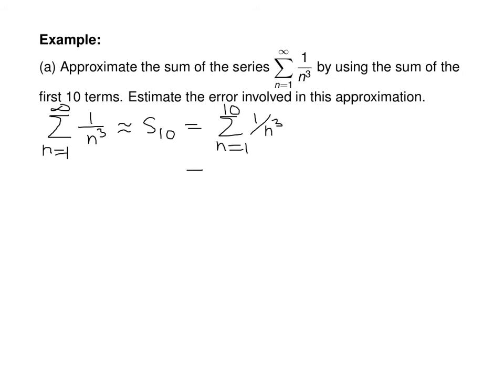So what that really is, we have 1 over 1 cubed plus 1 over 2 cubed plus 1 over 3 cubed, all the way up to 1 over 10 cubed. And please use some kind of calculator to figure this out. That's approximately 1.1975.